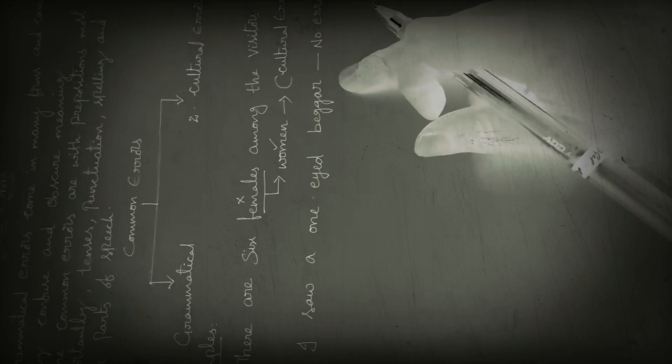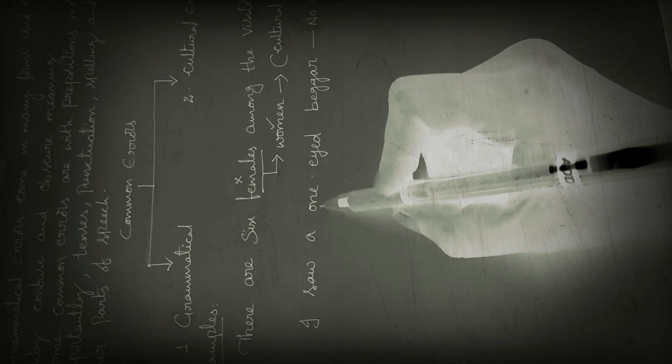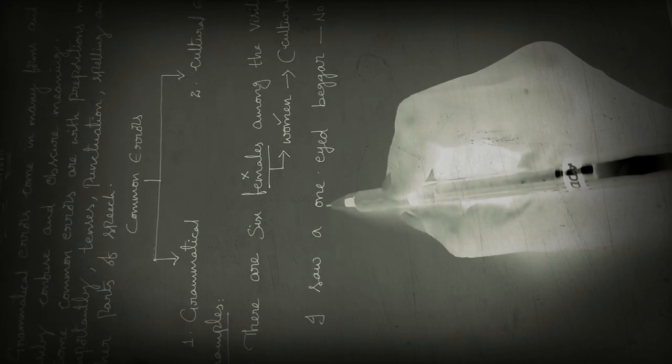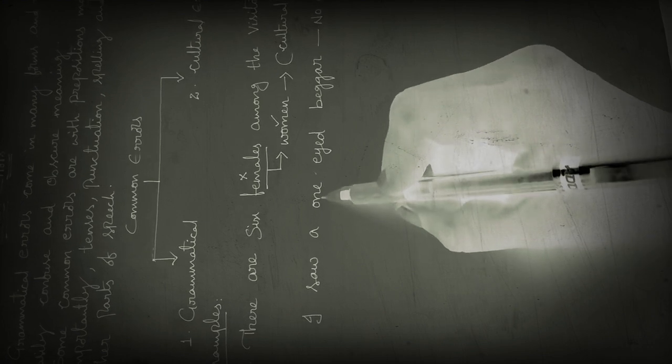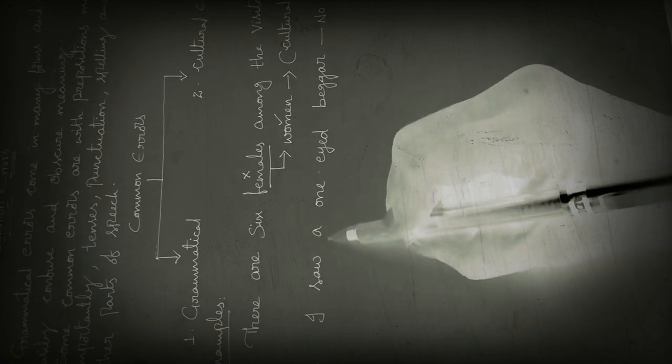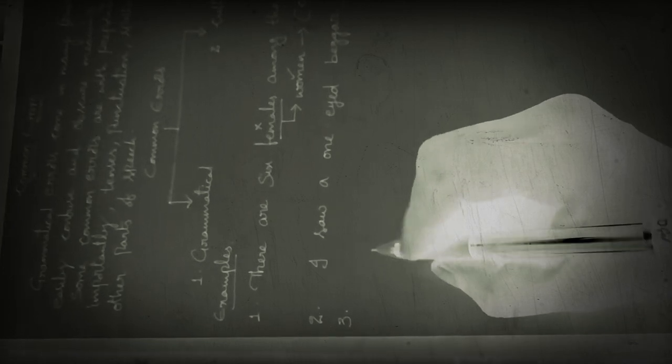I saw a one-eyed beggar. It is right. You don't think that this is one-eyed beggar before the vowel? We should write an, but it's not. It's a consonant sound. So we will write a one-eyed beggar. It is only the right answer. It is only the right sentence, okay? Of course, I think you know it very well.